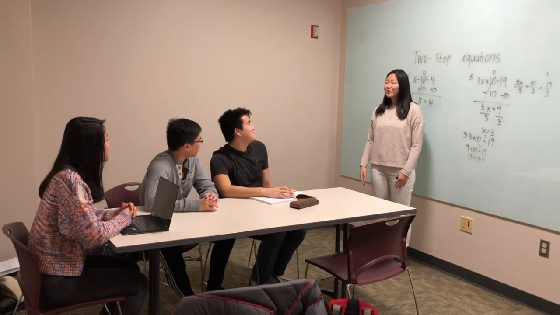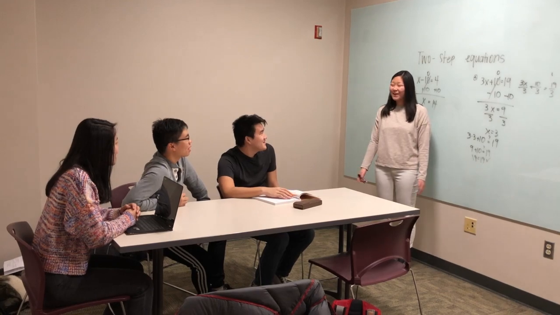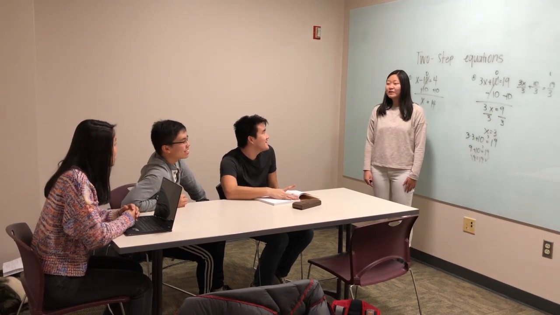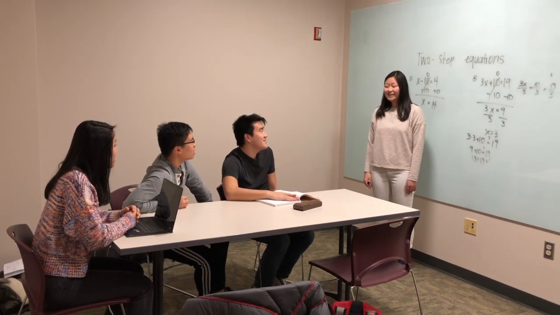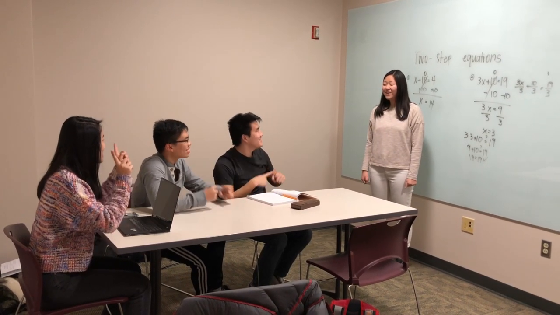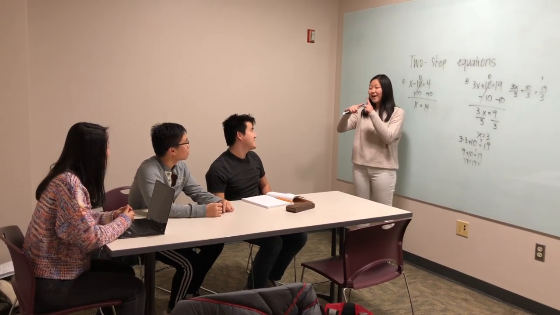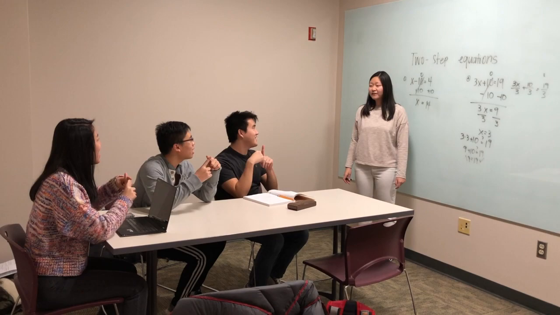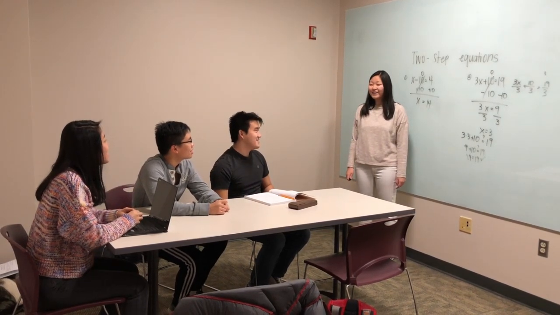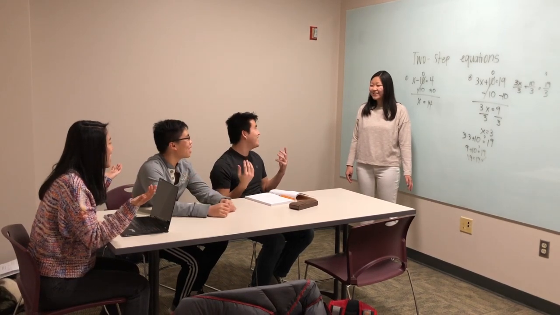Two-step equations. Just what you expect. You gotta start by isolating x. First you gotta subtract or add. That's step 1. Not so bad.